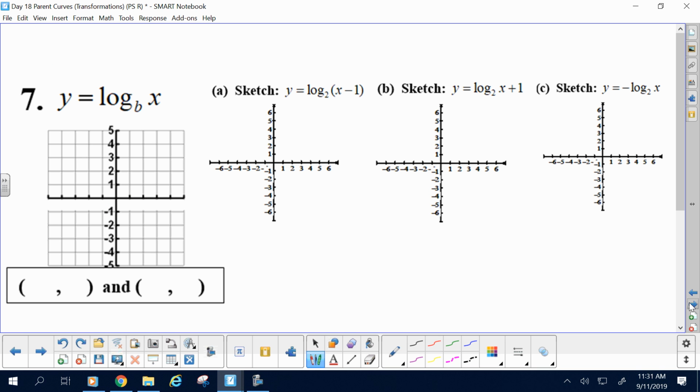Ooh, yikes. All right, this we definitely need to review because some of you are not so great at log. I guess that's probably my fault. Logs are the exact opposite of exponentials. So instead of the 0, 1 that we normally get on exponentials, we get on log 1, 0. That's one essential point.